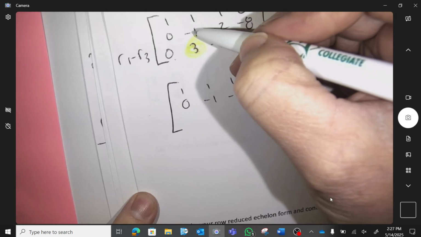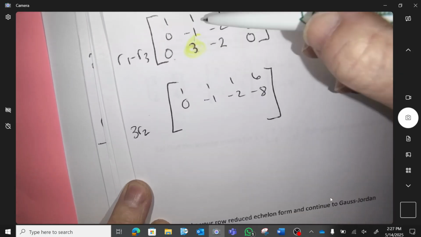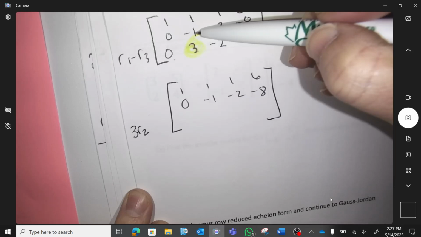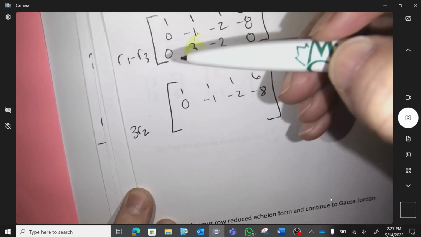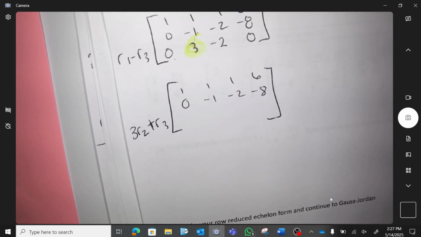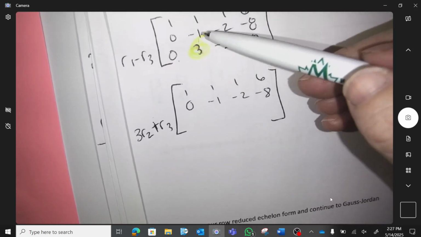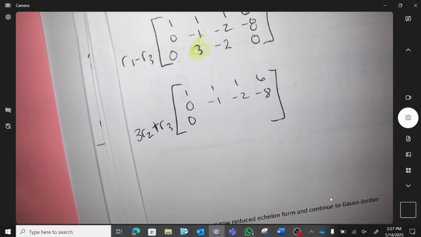So row 2. So I'm going to triple row 2. Good, because then this would be the negative 3, add. Good? Triple this and then add this. Okay, so this is still 0, which is what we wanted. We didn't want to deactivate.